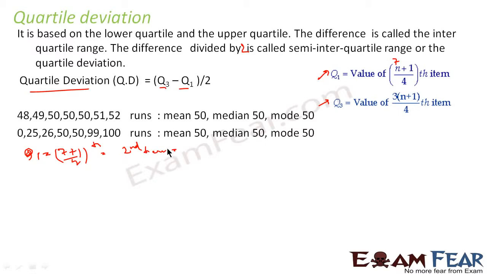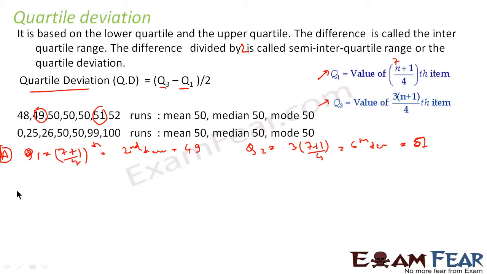And the second term here we have is 49. I'm calculating for player A first. Similarly, Q3 will be 3 into 7 plus 1 by 4th term, which is the 6th term, and the 6th term is 51. So this becomes 51. Correct?